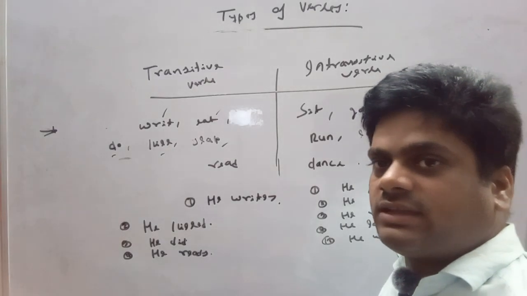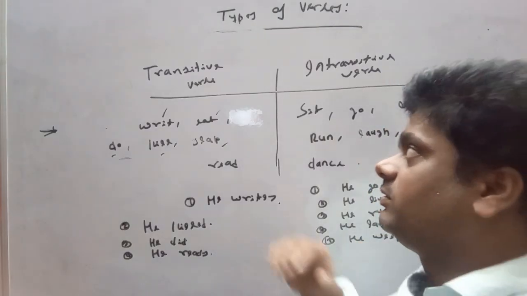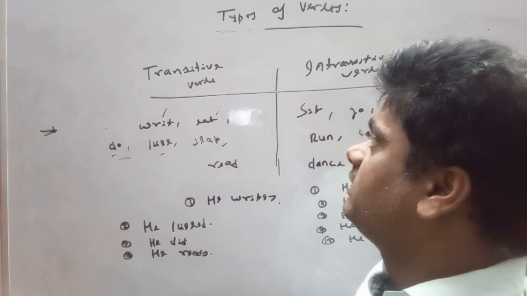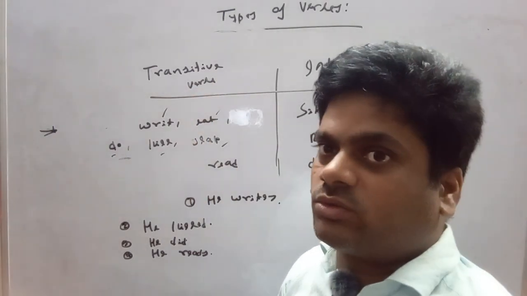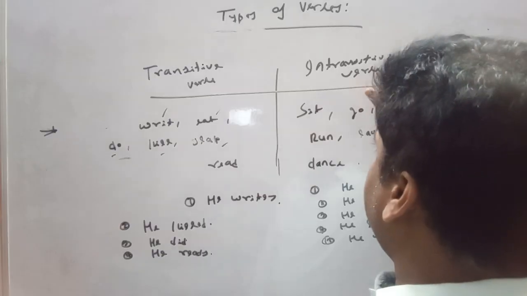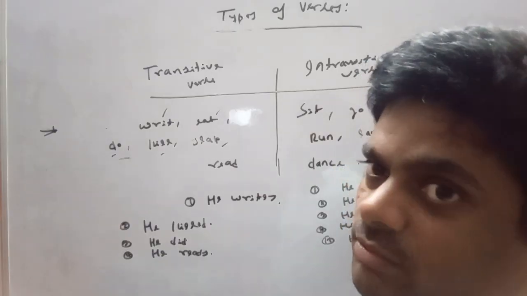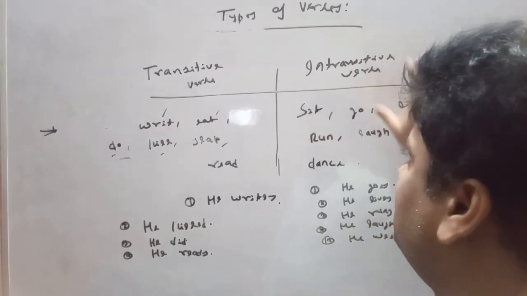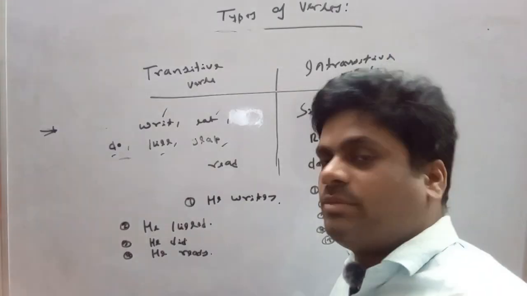In case of active voice and passive voice, transitive verbs play a very important role. Intransitive sentences can be kept under the category of active voice, but the passive voice of these sentences cannot be made.